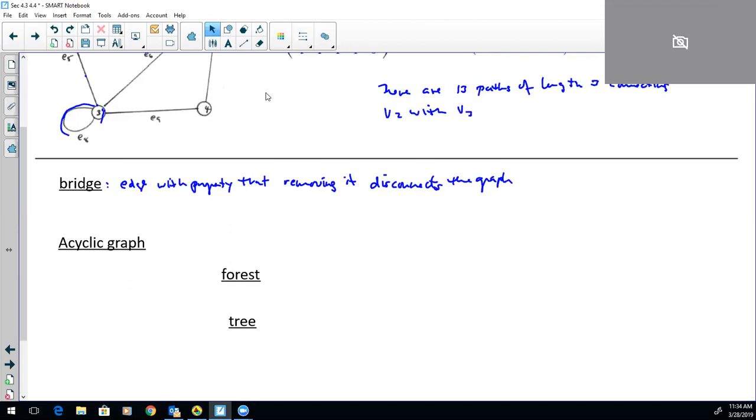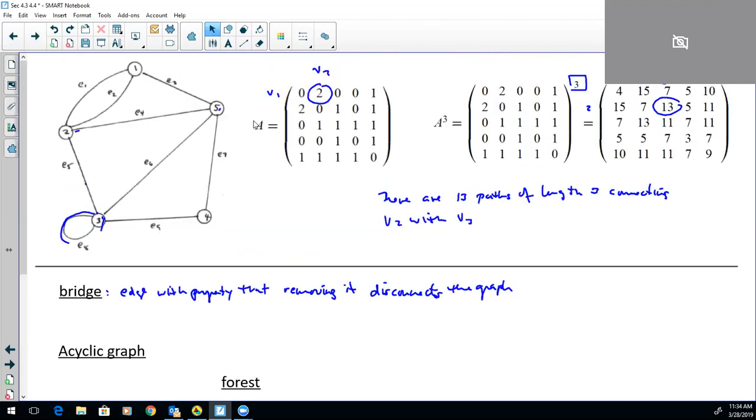I don't have any bridges in this thing here. You'd have to throw out a fair number of things to disconnect this graph. Actually, you have to throw out like 2.